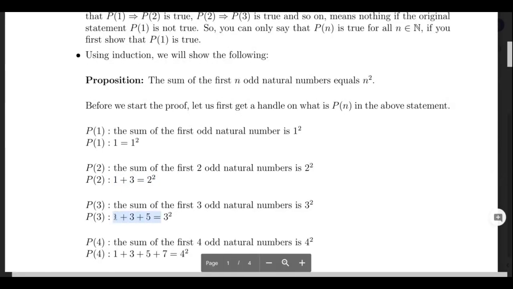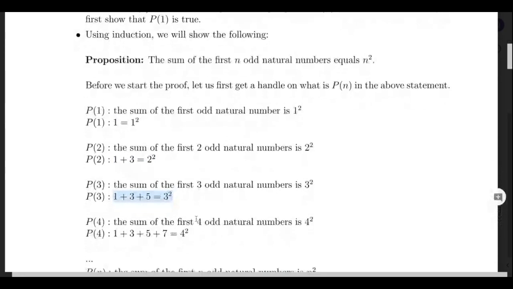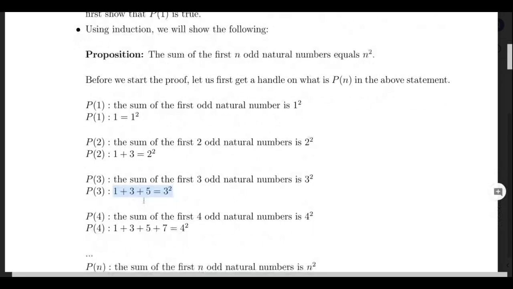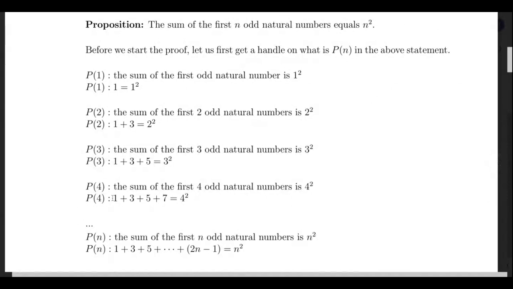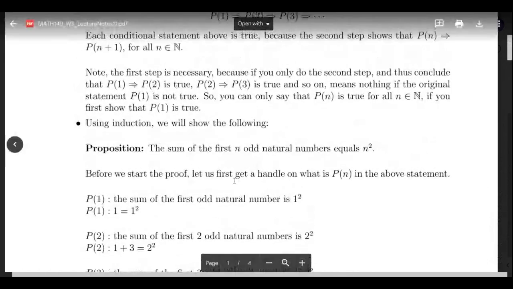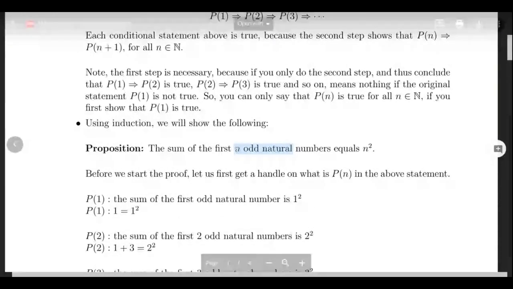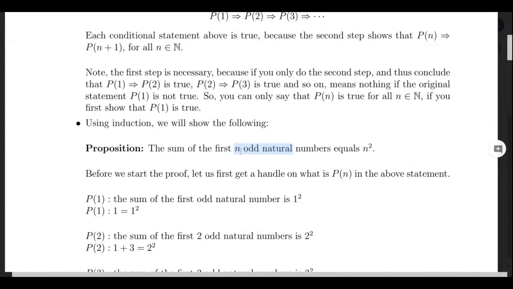The first 3 are 1 plus 3 plus 5, which is 9, and 9 is 3 squared. The first 4 are 1 plus 3 plus 5 plus 7, which is 16, and 16 is 4 squared. You see, that fits into this, right? And we add up the n odd natural numbers, that equals n squared.